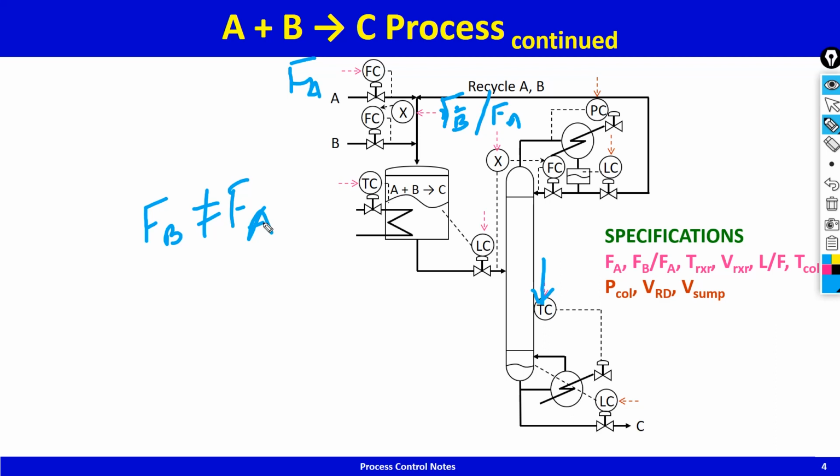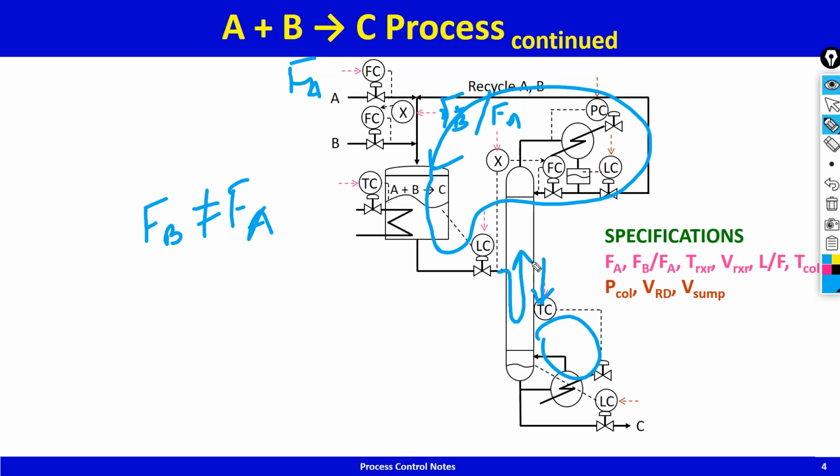Because it's not going to be equal, let's say there's 5 moles excess A. That excess A is going to accumulate in the recycle loop because the temperature controller will keep on cranking up the steam, and so the excess A that is coming down, it's going to get sent back up because the boil up will be increased, and so the excess A will build up in the recycle loop.